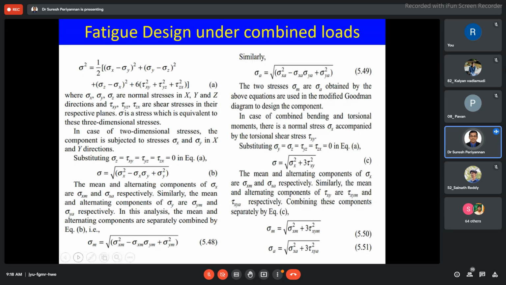In practical cases, it is very difficult when the components are subjected to combined bending and torsional loads.